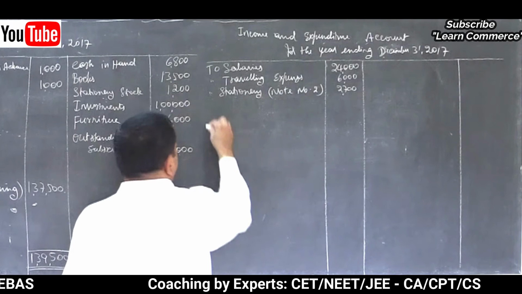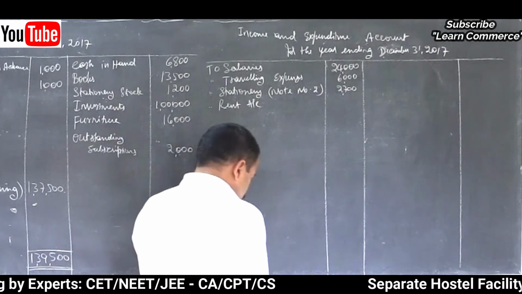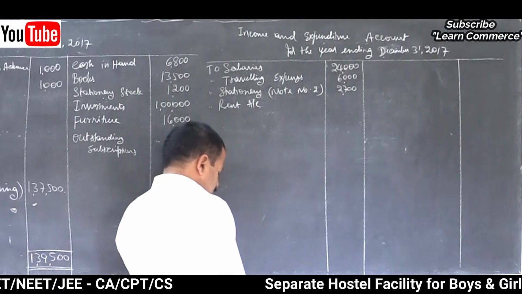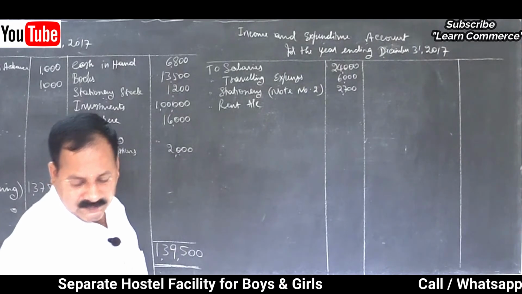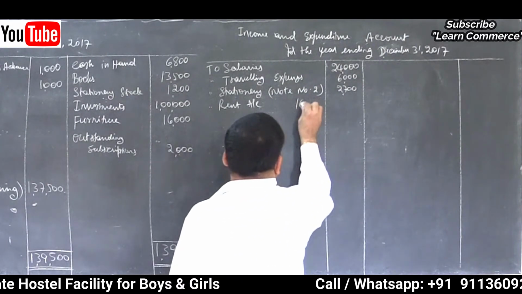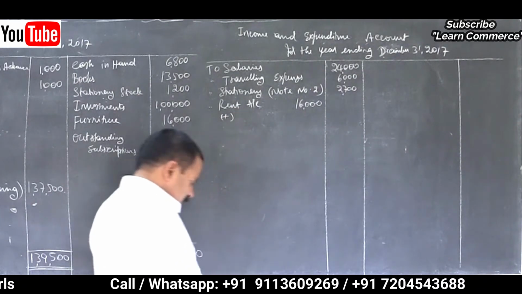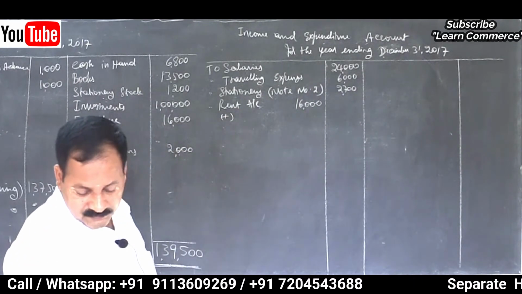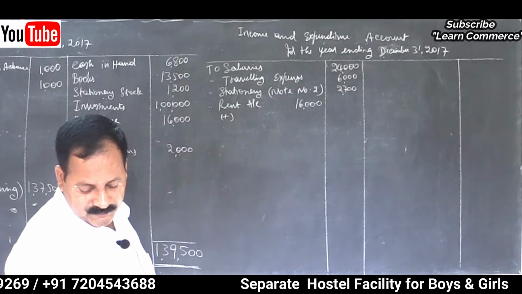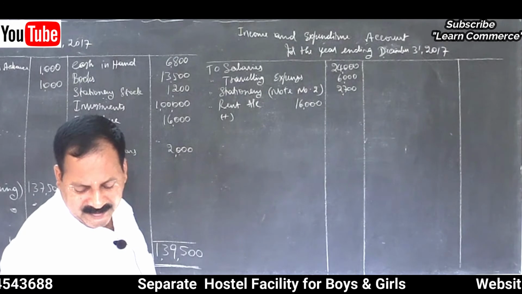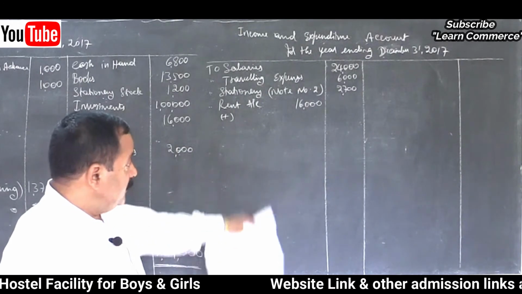Rent. No, there is a change. So in the inner column, what is the amount of rent? 16,000. Add, isn't it? Outstanding rent at the beginning of the year is included in this, deduct it.